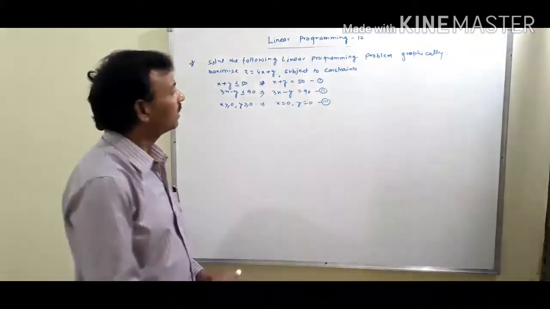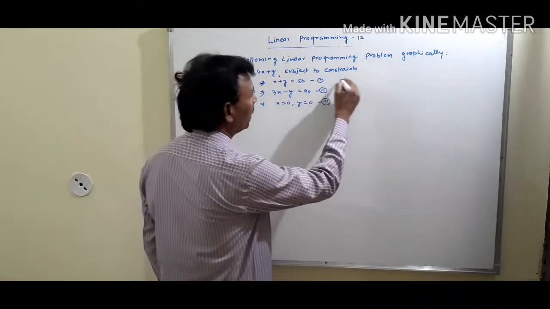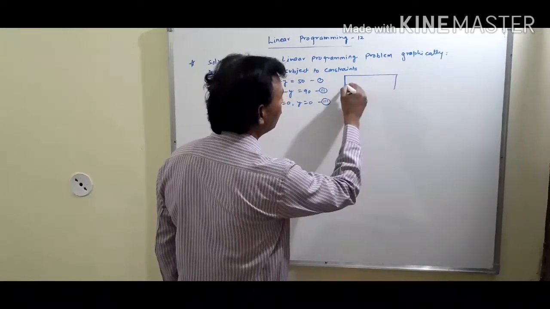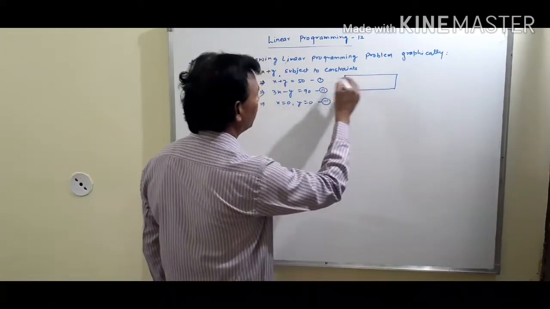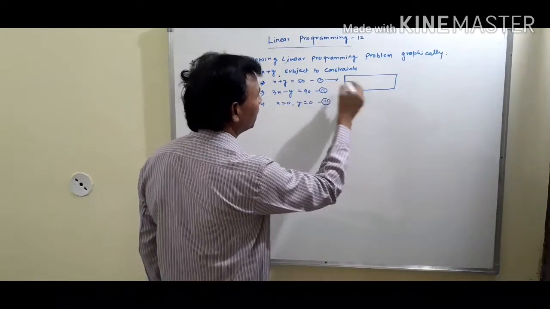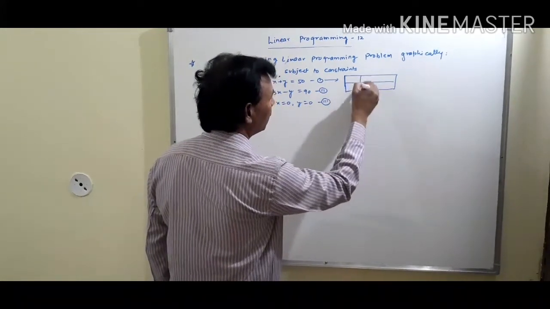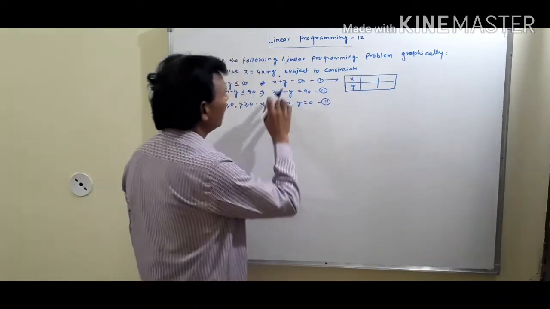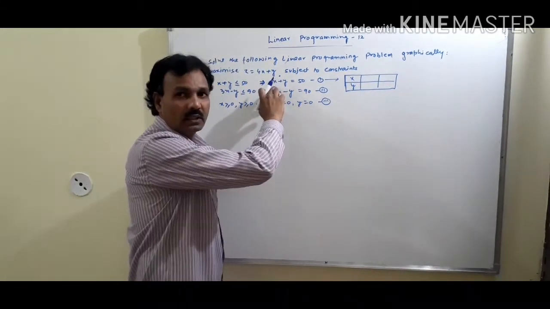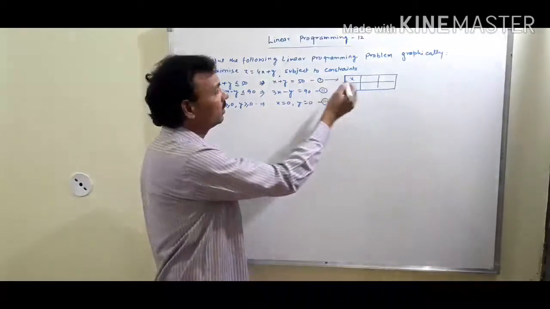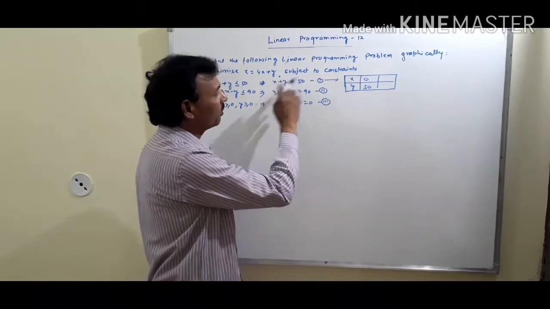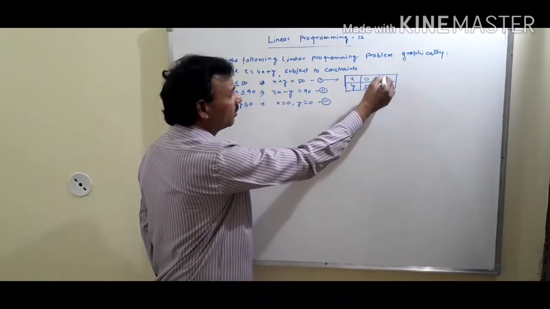Now for drawing the graph, first we should take at least 2 points for each equation. Suppose this is x and this is y. If we put x equal to 0 in the first equation, then y will be 50, and if we put y equal to 0, then x equals 50.